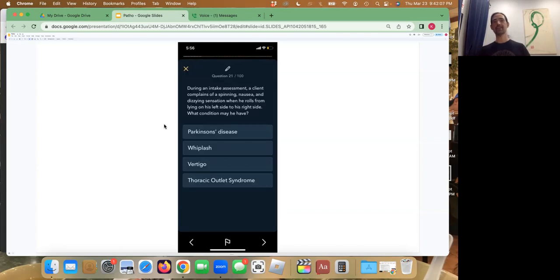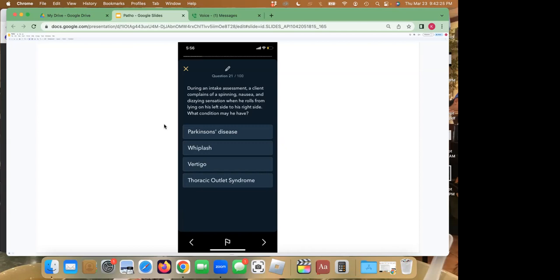During an intake assessment, a client complains of a spinning, nausea, and dizzying sensation when he rolls from lying on his left side to his right side. What condition may he have? Parkinson's disease, whiplash, vertigo, or thoracic outlet syndrome?